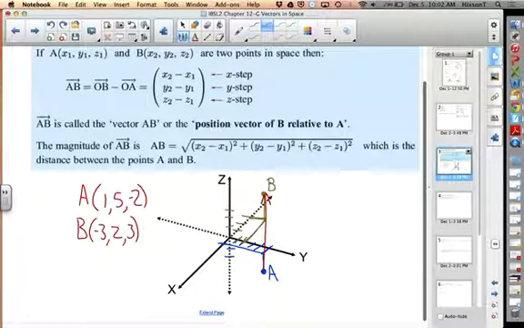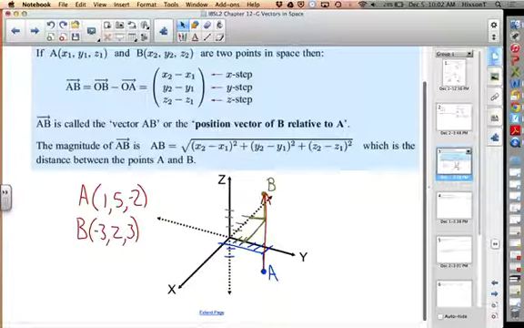Okay? So remember we said if this is the origin, A was over here. Okay, and kind of down. For B, we're pulled back 3, over to the right 2, and up 3. Okay, so we're finding the vector from here to up here to get AB.